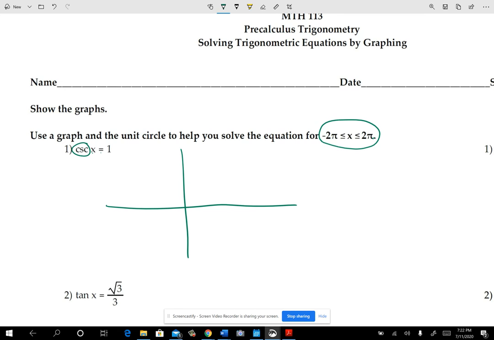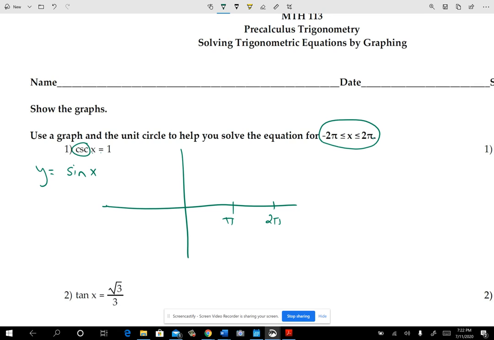I'm going to remember that cosecant is related to the sine function. So what I'm going to do first is graph y equals sine x, in the usual period and all. So the sine goes from 0 to 2 pi. So let me get 2 pi on here, and cut that in half.